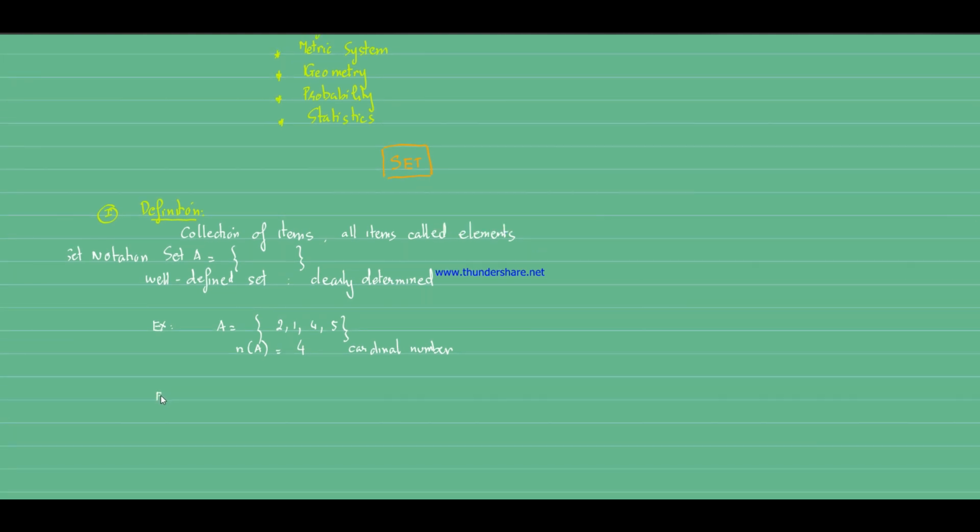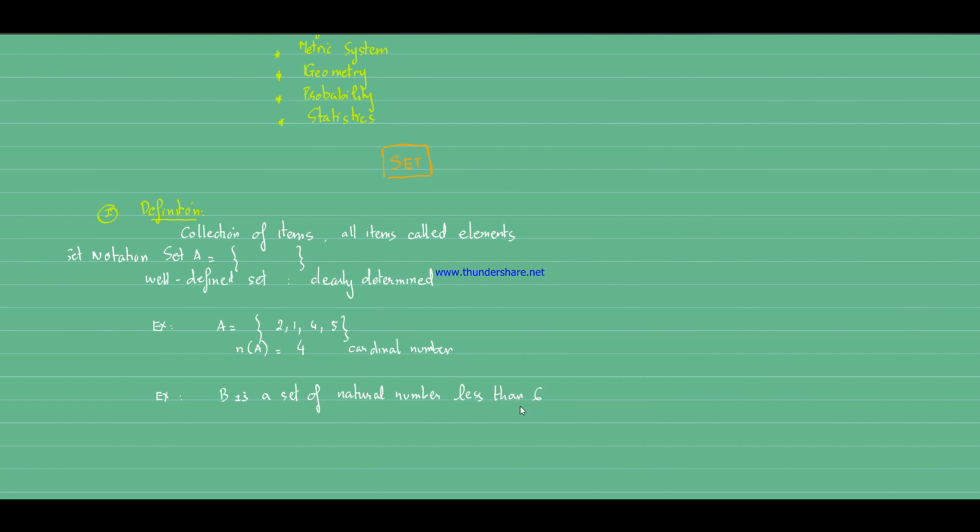Or let me create another set, set B. Set B is a set of natural numbers, or positive integers, less than 6.